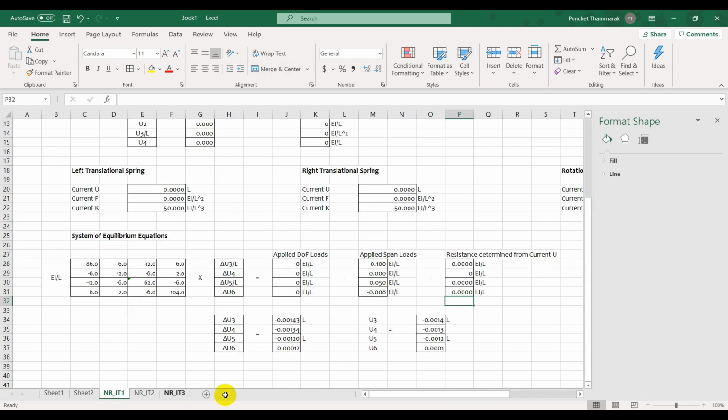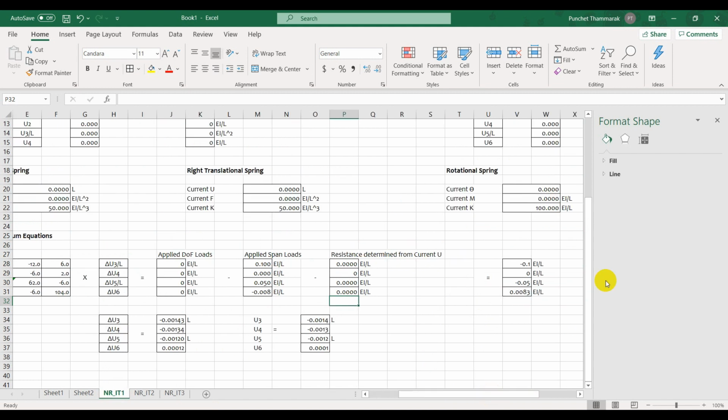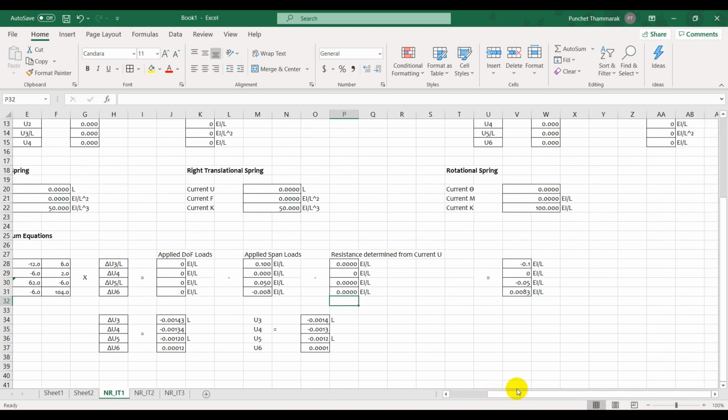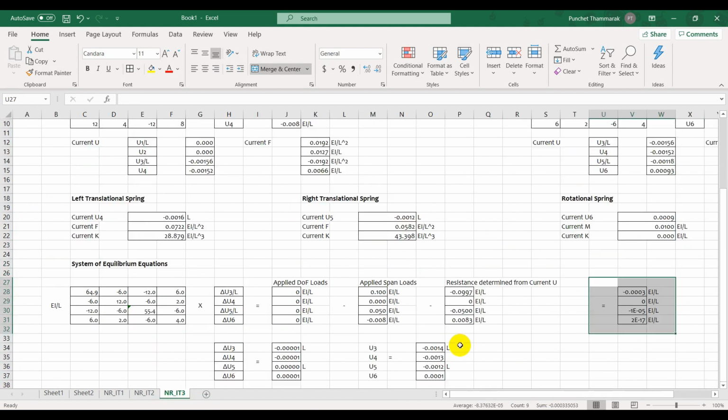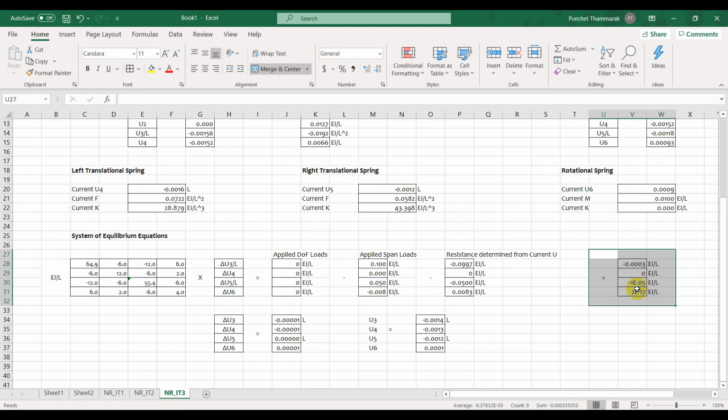If you consider the first step, the residual is 0.1, 0.05, 0.83. The second step, residual came down. The third step, residual came to here. If you want to continue, make the last one should be just enough.